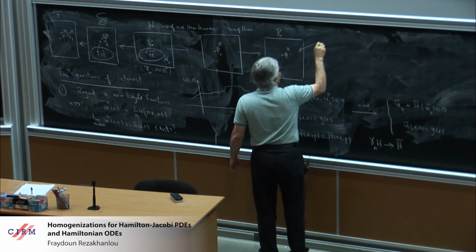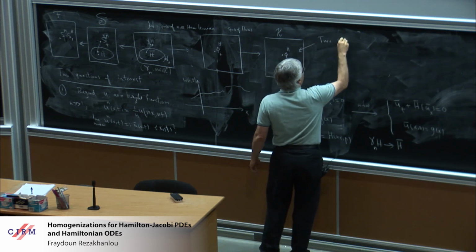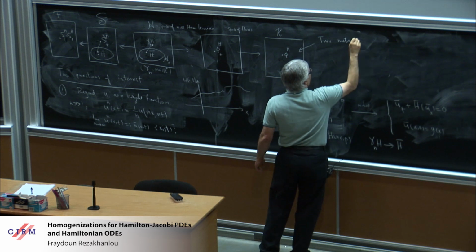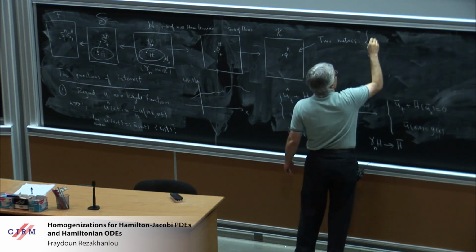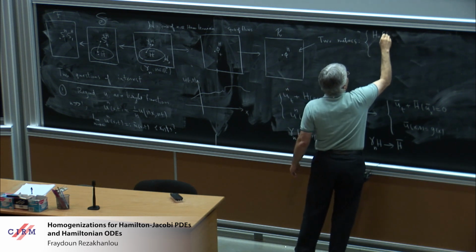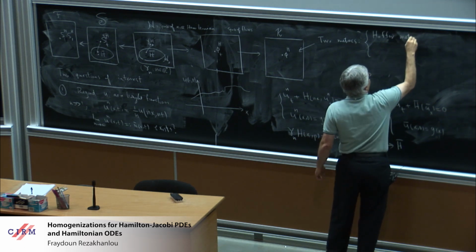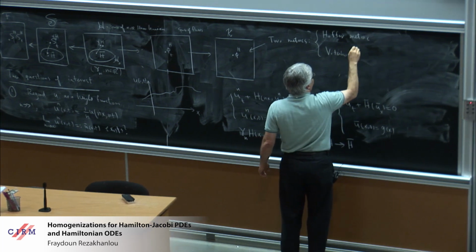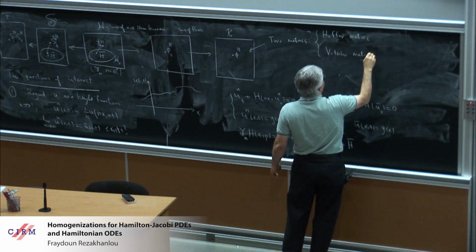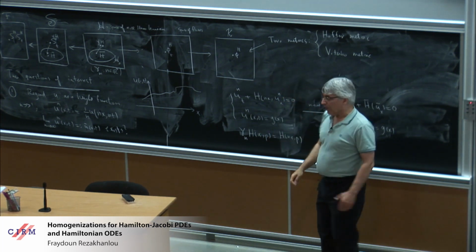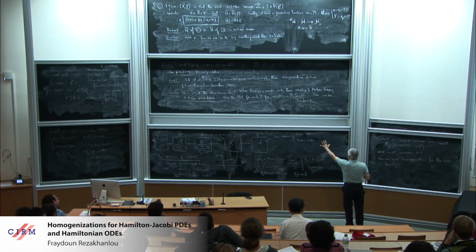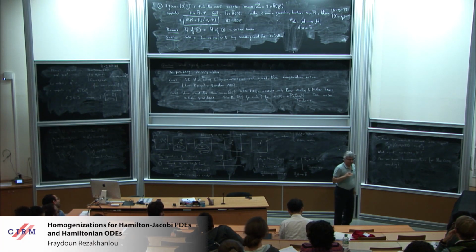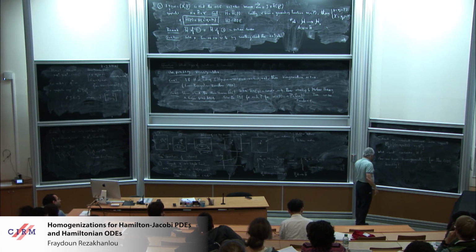So there are two metrics here. One is called the Hofer metric, and the other one is called the Viterbo metric. I'm going to tell you what those metrics are, give you some rough definition.